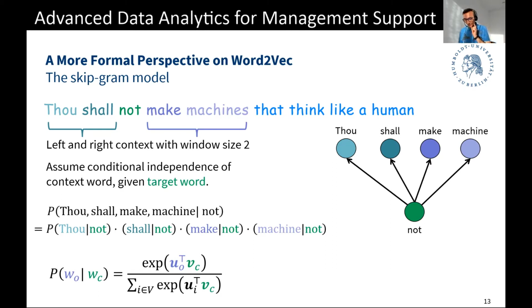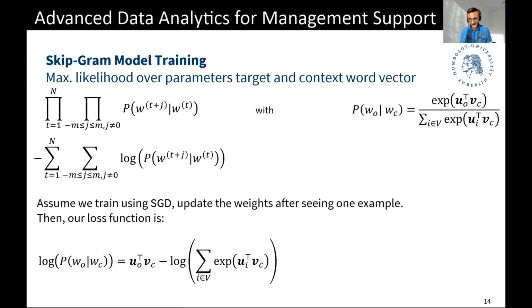Okay, so then let's get a little more formal. Now that we know this conditional probability and see we can model that using a softmax, what's the structure of our loss function overall?